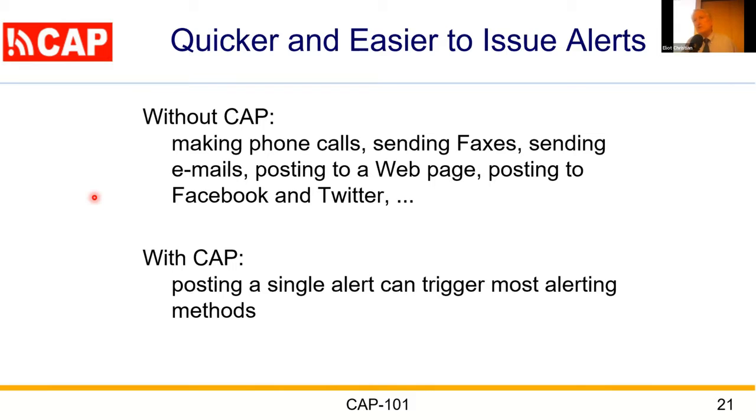Those activities consume time, and that distracts from their real mission, which is to compose accurate and actionable alerts. So with CAP, a single alert disseminates quickly over multiple alerting methods. And from the receiver perspective, CAP is the fastest way to get alerts from an alerting authority. And CAP is a lot less error prone.